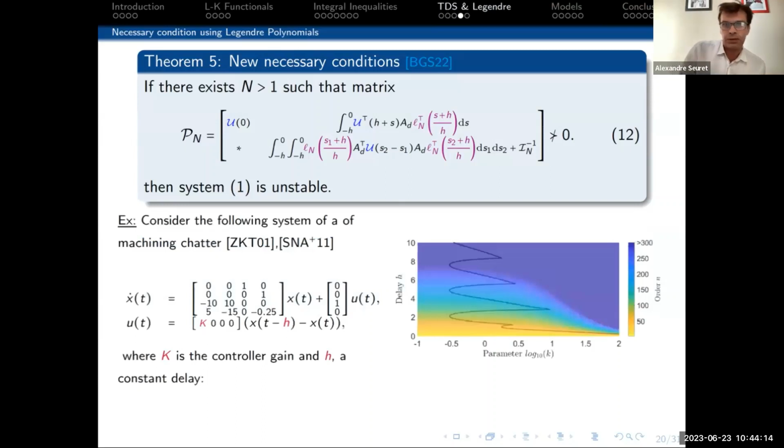And compared to the LMI framework, the order is much more likely to be computed, because it's not an LMI, so you are not testing an LMI with a lot of decision variables. This is an eigenvalue test. And you are checking basically the eigenvalues of a matrix of size 300, for instance, for this case.